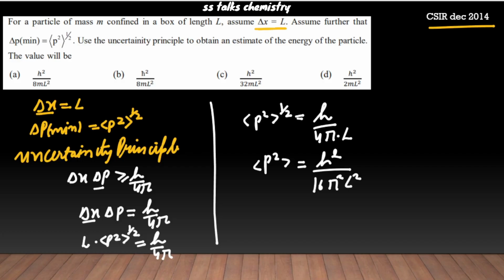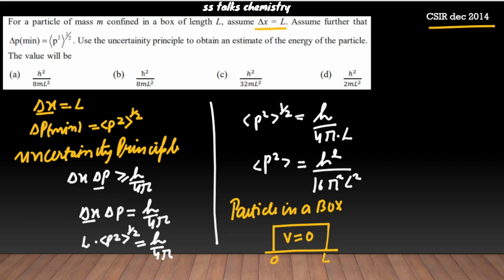Now the system is a particle in a box. The box has length 0 to L. The potential inside the box is considered to be 0 and the potential outside the box is infinite. These are the conditions in the particle in a box, which means the total energy is the sum of the kinetic energy, denoted T, plus the potential energy.